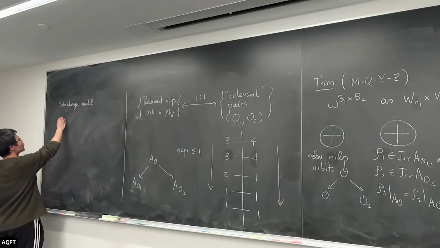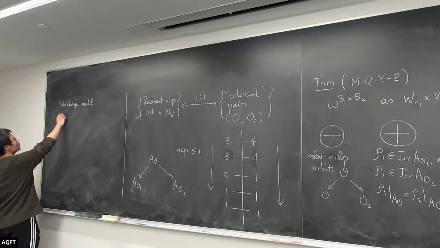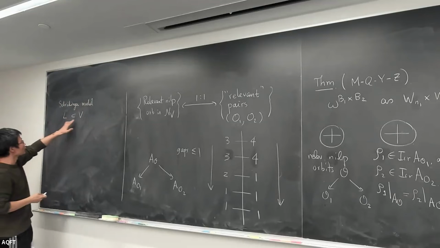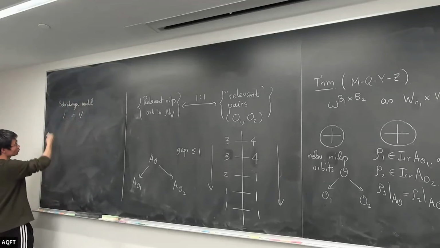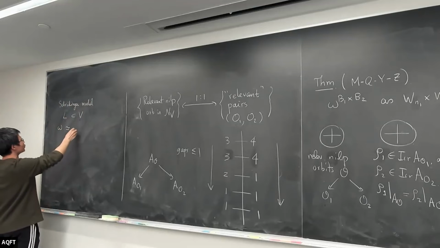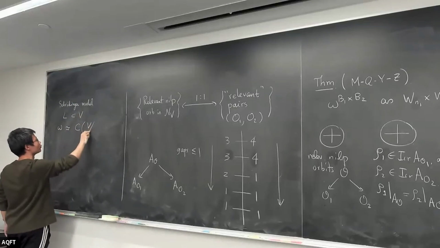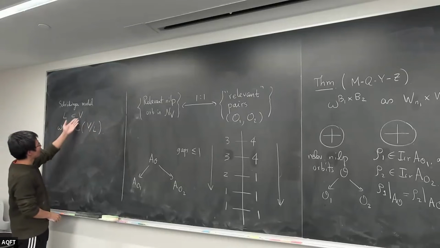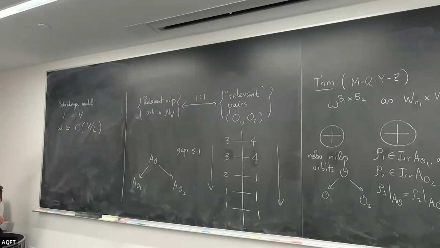So we have to make a choice to construct it, starting with a Lagrangian subspace L in your symplectic space. One can realize the Weil representation as functions on, basically, half of this vector space.